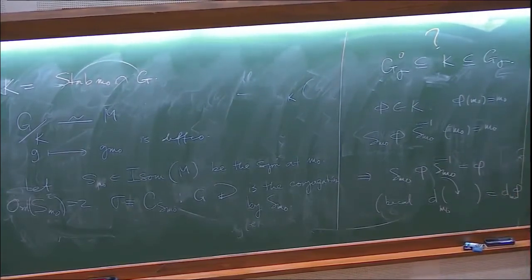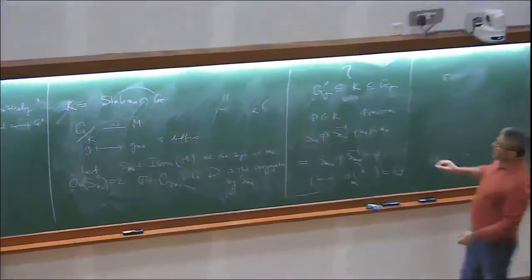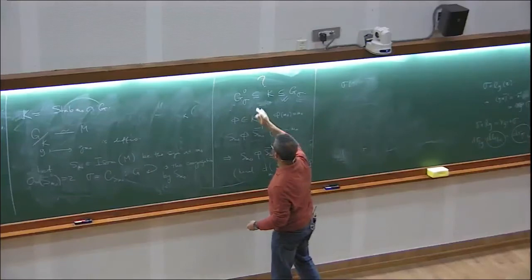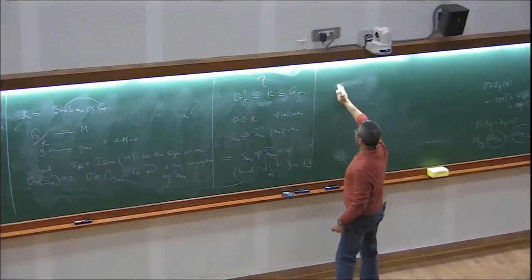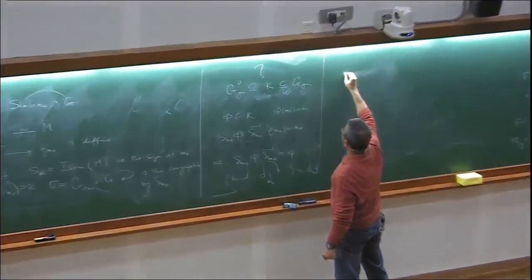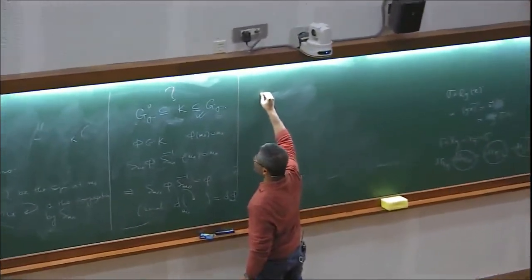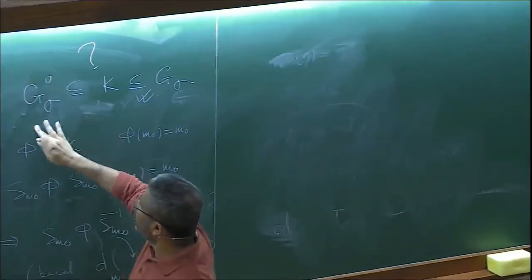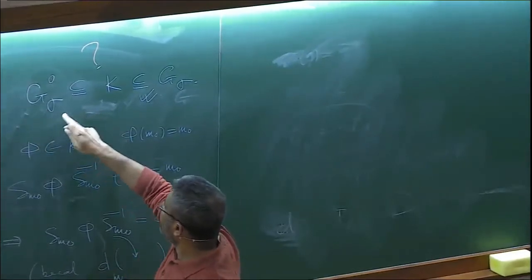So this part is done. And the proof of this part is also very nice. So what do I need to prove in order to prove that this connected component lies here?